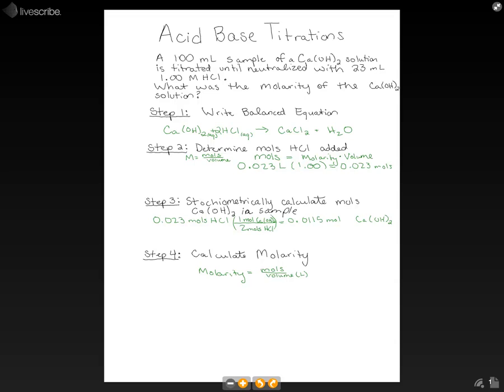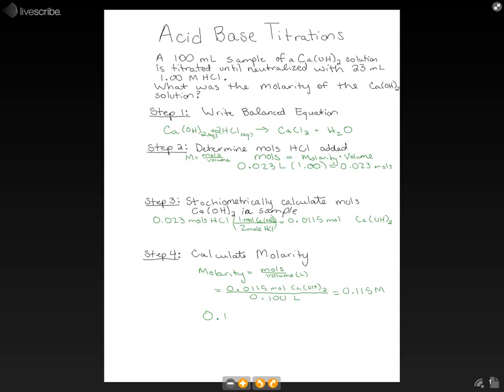And when we do this, we're going to get 0.0115 moles Ca(OH)2, calcium hydroxide, all divided by 0.100 liters, and that's going to give us 0.115 molar calcium hydroxide.